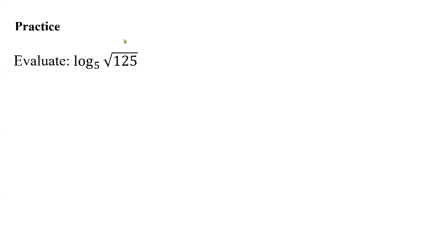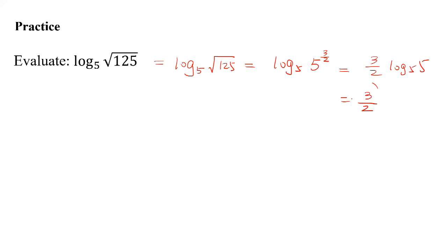All right, have you finished? Okay, so note here, log base 5 of the square root of 125 is actually log base 5 of 5 raised to the 3/2, right? So this is actually 3/2 times log base 5 of 5, which is 3/2, right?